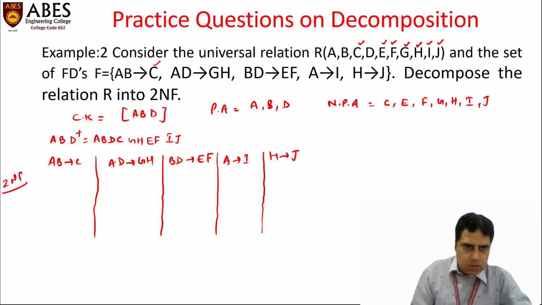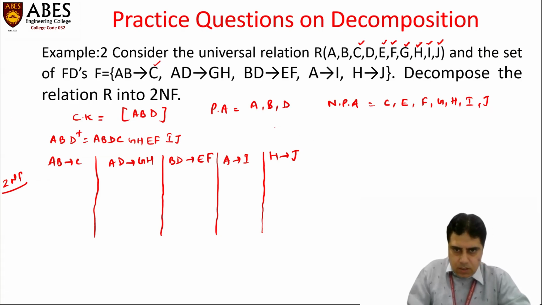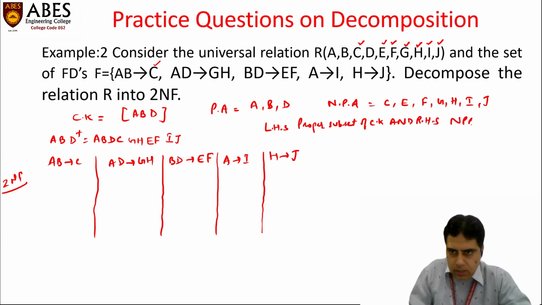The condition is that the left-hand side should be a proper subset of the candidate key, and the right-hand side should be a non-prime attribute.